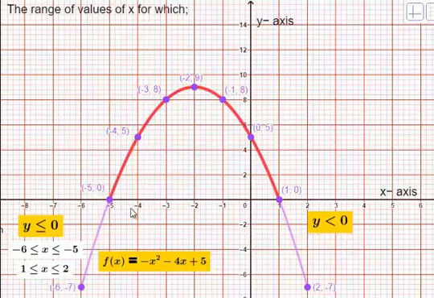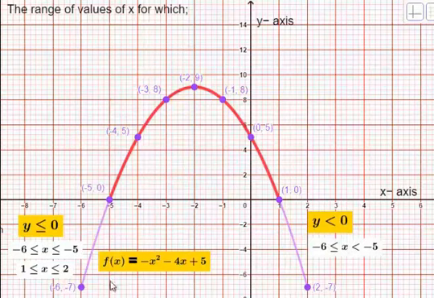So we write that one, but we exclude its x value, because the x value -5 gave a y value of 0, which for this condition does not accept that.